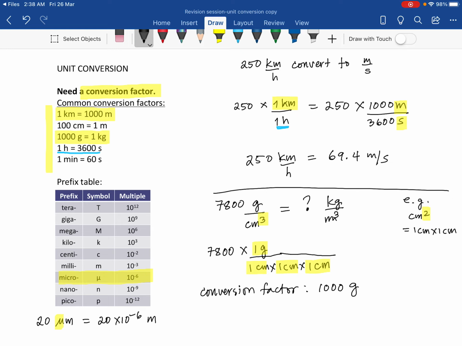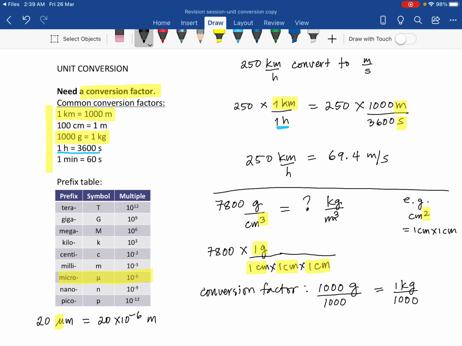Okay. And mathematically, the rule is that if you divide a number by itself, that will be equal to 1. So if I divide 1,000 grams by 1,000, then that will give me 1 gram. Okay, but whatever you do on one side of the conversion factor, you have to do on the other side of the conversion factor as well.